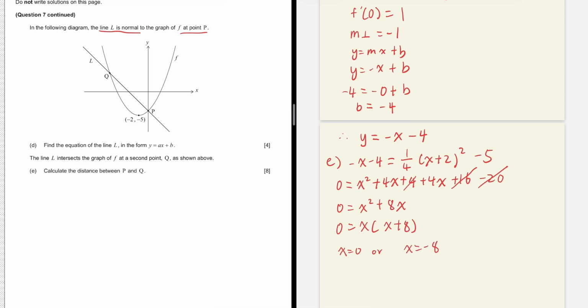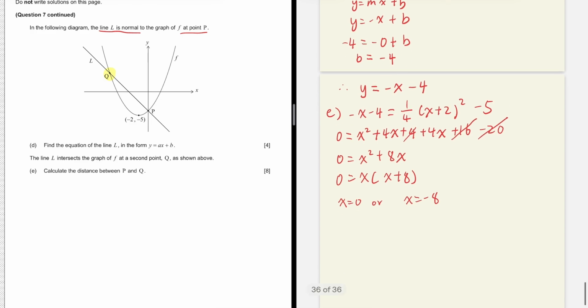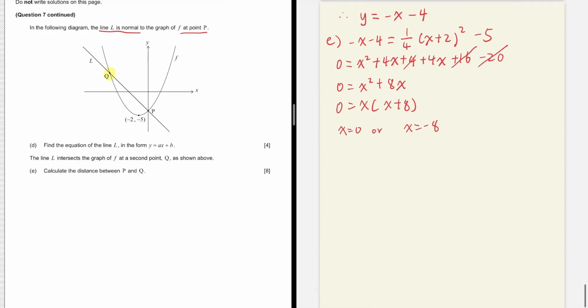And as we could see in our graph, Q has an x value that is negative. Therefore, we could find the y value of point Q, or y coordinate.